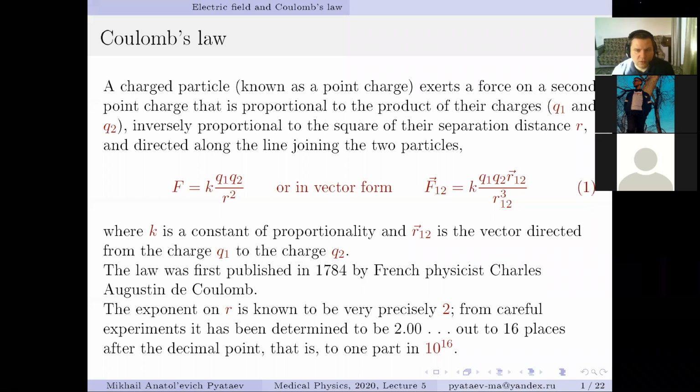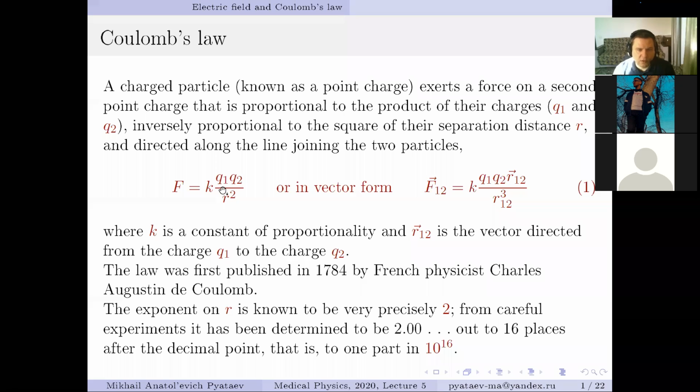He studied the dependence of force of interaction between two small charged particles, and he found that this force is directly proportional to the charge of each particle, and it is inversely proportional to the squared distance between the particles.